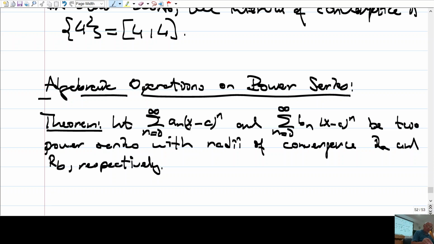So the radius of convergence of the first power series is the real number R_A, or it can be infinite also, and the radius of convergence for this one is R_B.